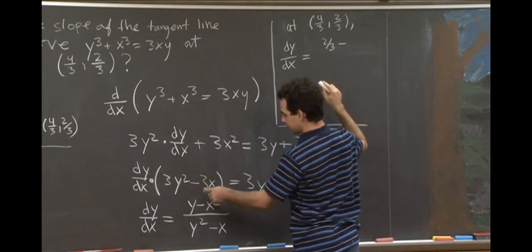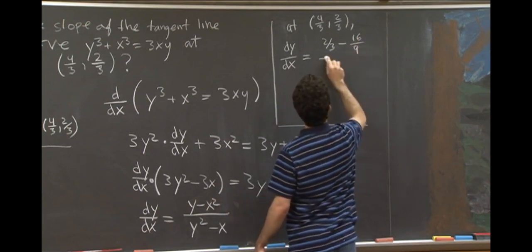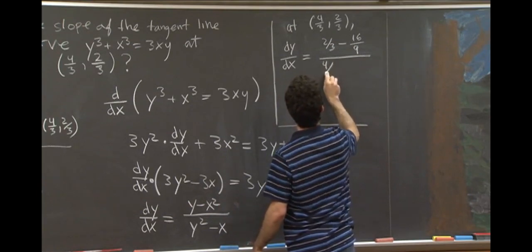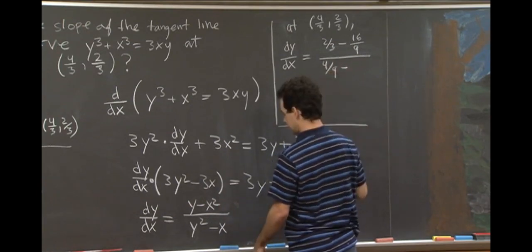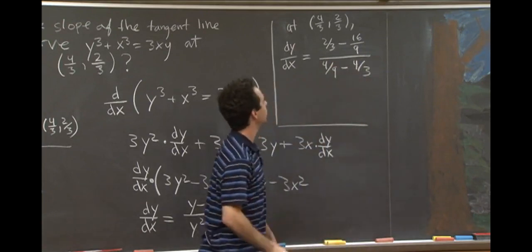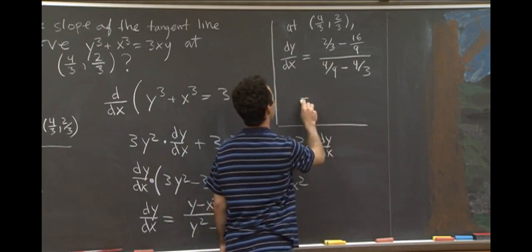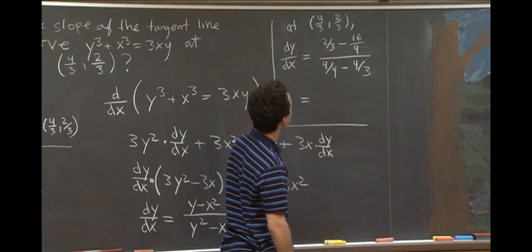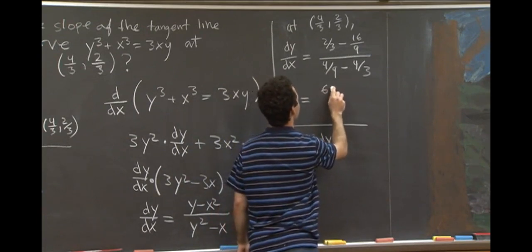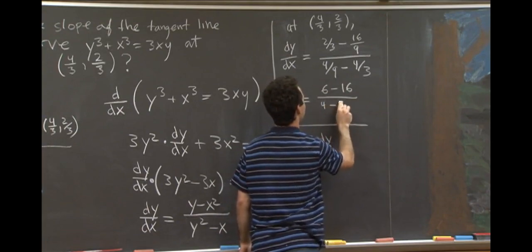So that's 2/3 minus 4/3 squared, which is 16/9, over 2/3 squared, which is 4/9, minus 4/3. Oh, all right, so we have a little bit of rational number arithmetic here. Maybe I'll multiply top and bottom through by 9 to get 6 minus 16 over 4 minus 12.